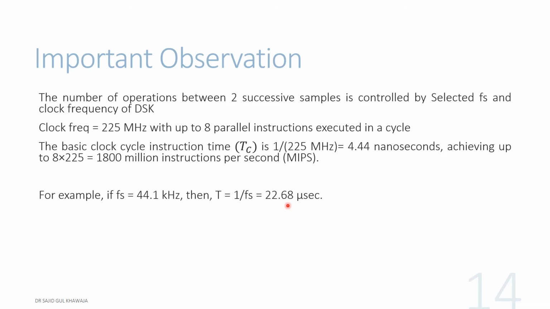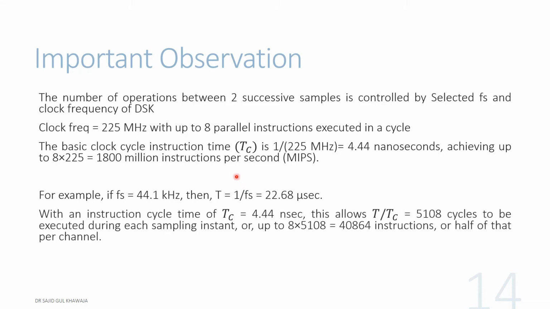Now this time T and this Tc will enable us to calculate the number of operations or the number of cycles that are available between two successive sample reads. This can be calculated by taking the ratio of T and Tc. The ratio returns 5108, which is the amount of cycles available at our disposal.